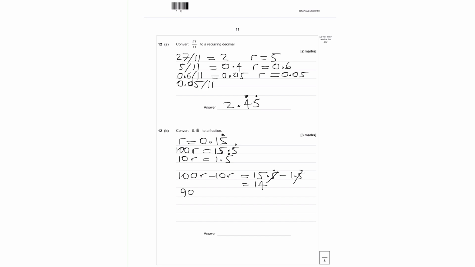So we have 90R equals 14, which means R, so remember R is the fraction at the start, so R written in terms of a fraction is going to be 14 divided by 90, and then if we divide top and bottom by 2, that is equal to 7 over 45, which is our answer.